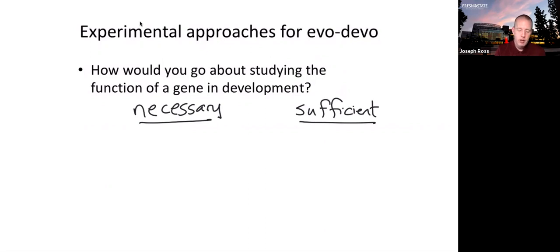So here's the concept. If a gene is necessary to do something, let's say a Hox gene, HOXA1, for example, let's say it's necessary to produce, let's come up with something weird, like extra legs.